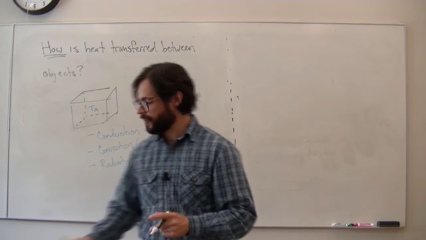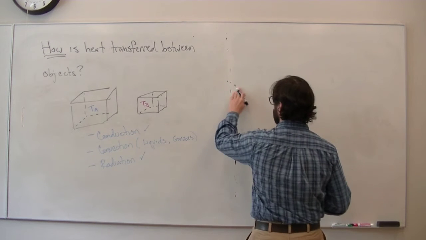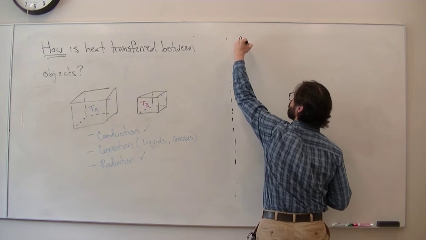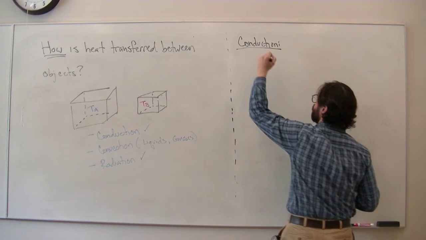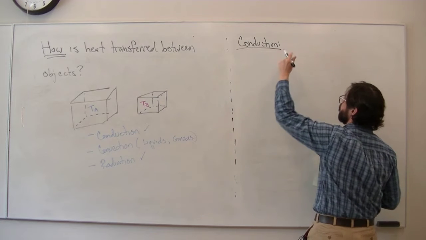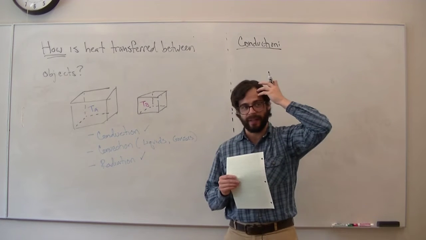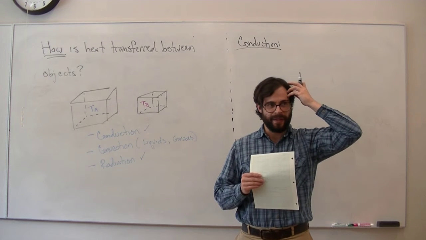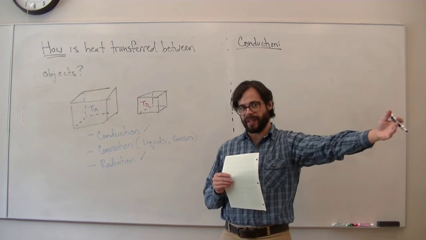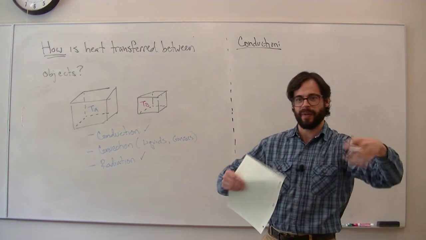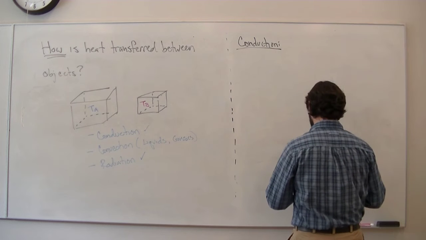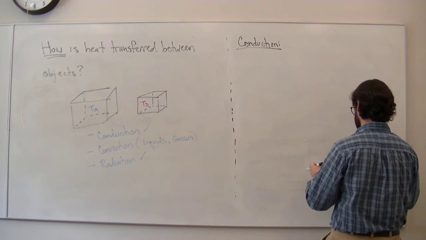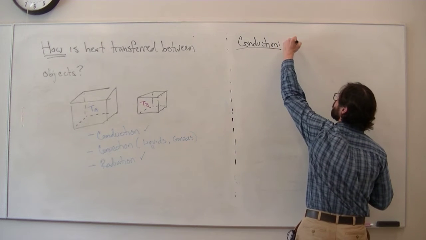So the first mode of heat transfer will be conduction, which on a microscopic level is literally just, the way that agitation in a mosh pit might propagate from one side to the other, something like that. There's one really shovey guy, and then that propagates outwards. So that's just like molecular kinetic energy transferred by collisions.